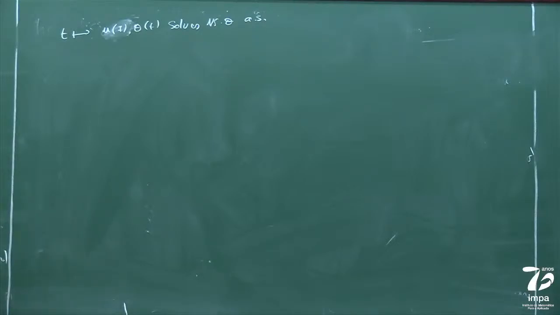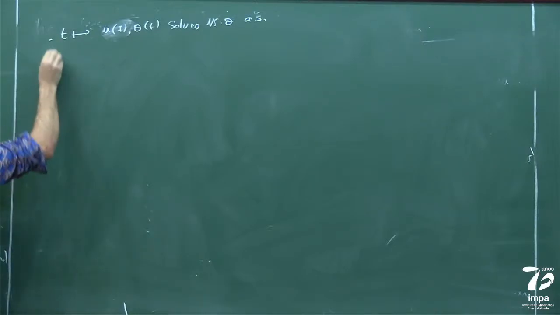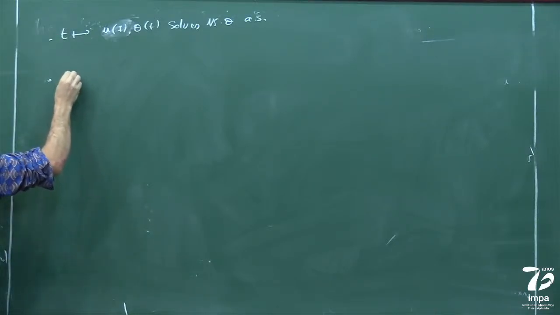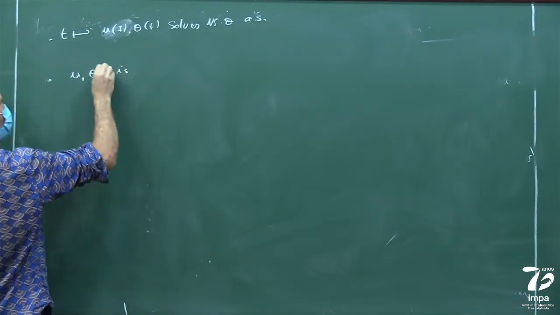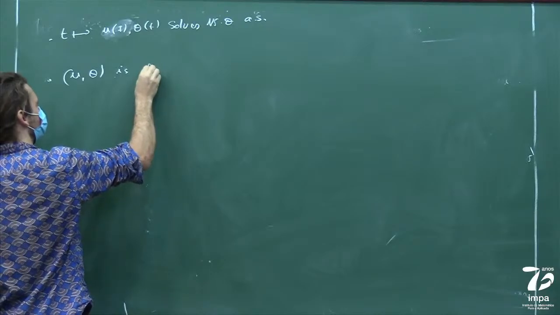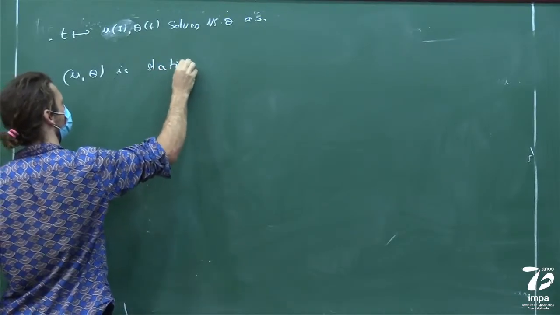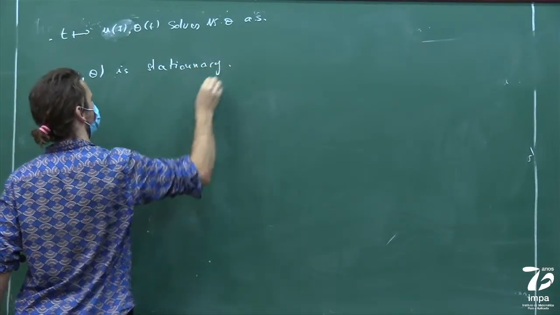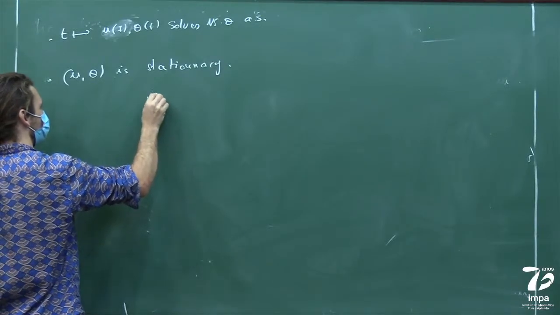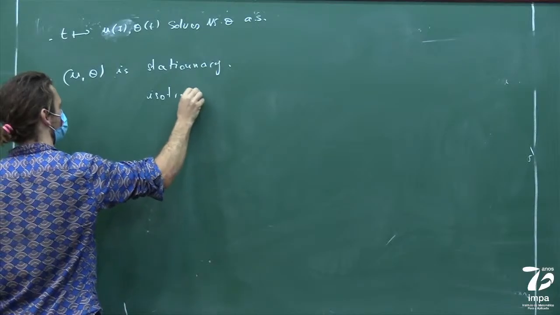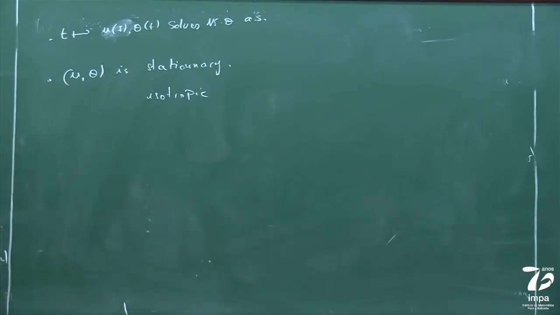And that, in terms of the stochastic process, u theta is stationary, isotropic, and last one, homogeneous.